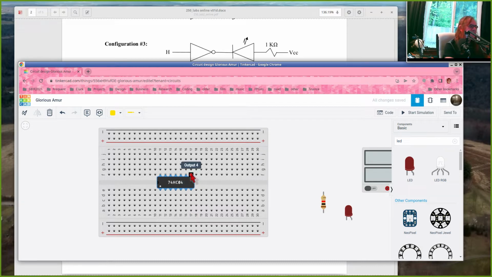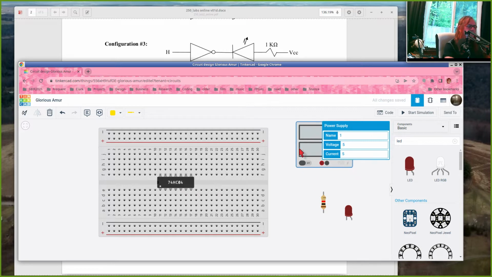I've got 5 connection points for this upper pin, which is output 4, but they're not shorted to each other. So now if I want to connect to output 4, I can use any of these 4 holes. If I want to connect to input 1, I can use any of these 4 holes, and so on. So that's the first challenge, is putting this in the correct place.